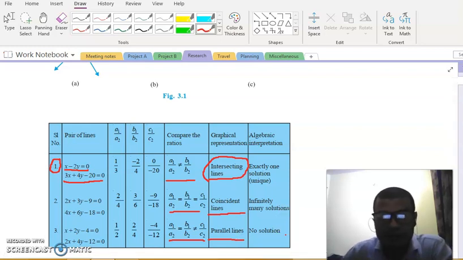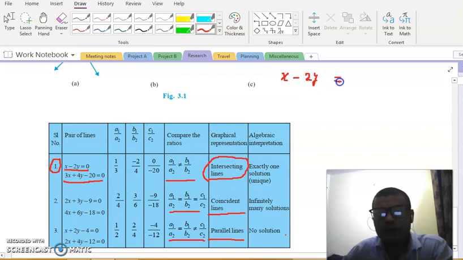So let's discuss the very first condition. x minus 2y equal to 0, and the second condition is 3x plus 4y minus 20 equal to 0.